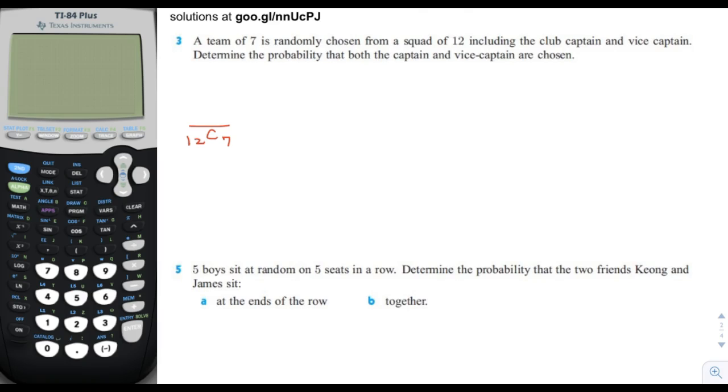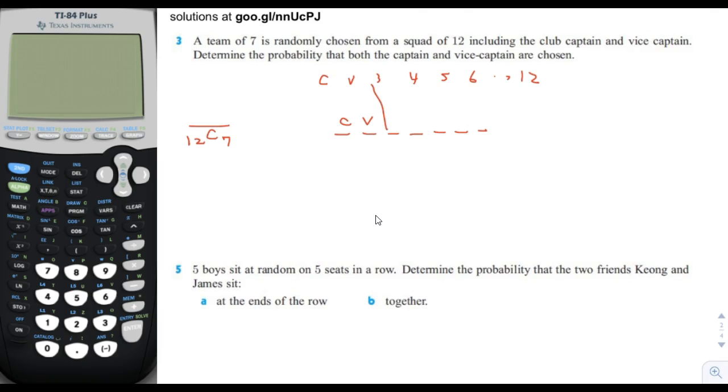So let's say that you have 12 people, and one of them is captain, and one of them is vice captain, and the other ones are just random people, 3, 4, 5, 6, all the way to 12. And we have 7 spots where order doesn't matter. So I'm going to write down captain and vice captain in the first 2 positions, although the order doesn't matter.